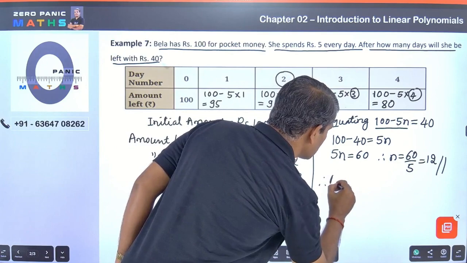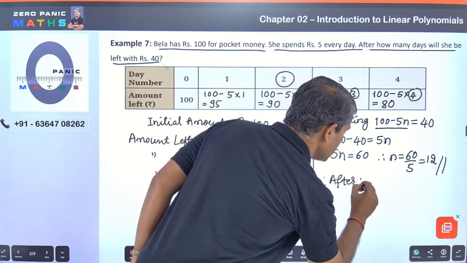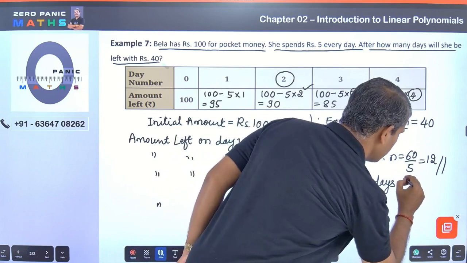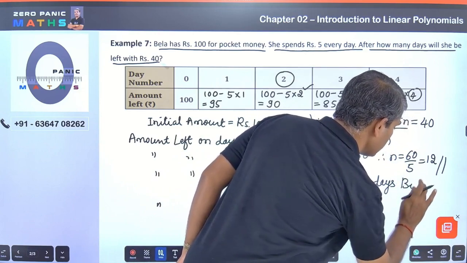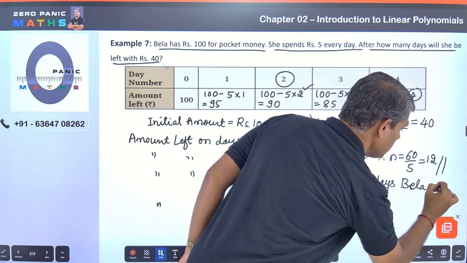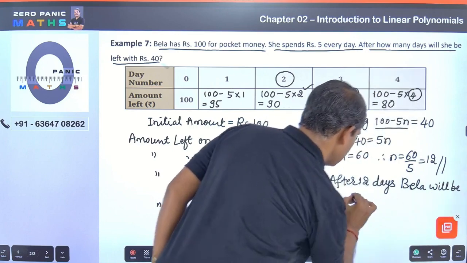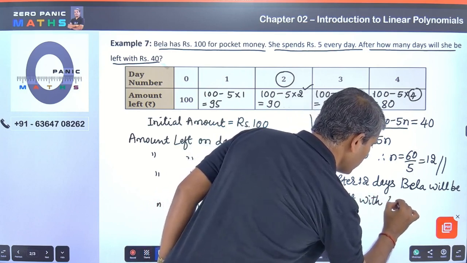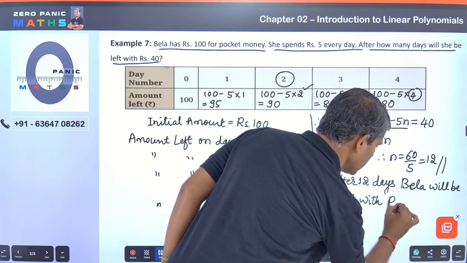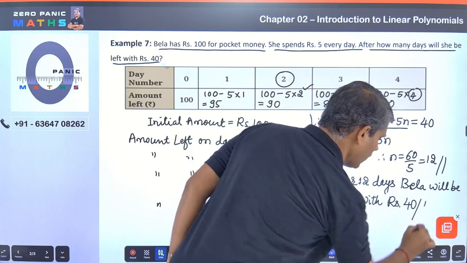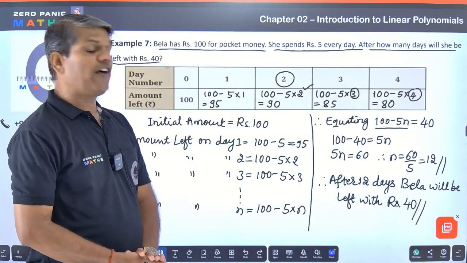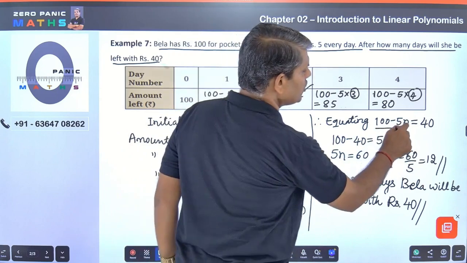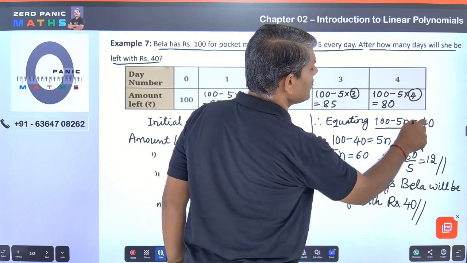Therefore after 12 days, Bela will be left with rupees 40. This is the answer. How can you verify this? Just substitute 12 into this equation. You see that 5 into 12 is 60, 100 minus 60 is equal to 40.